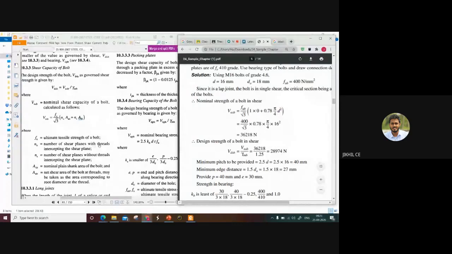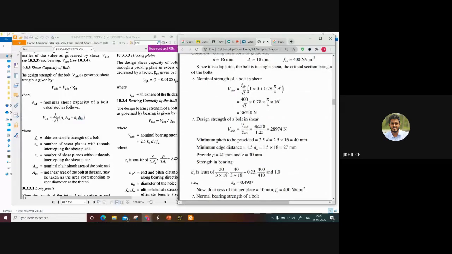Only one shear plane, so NS will be 1 and ASB will be 0.78 into pi by 4 d square. We will get the value of VNSB equal to 36,218 Newton, 36 kilonewton. So this is VNSB, and we are supposed to find the VDSB.